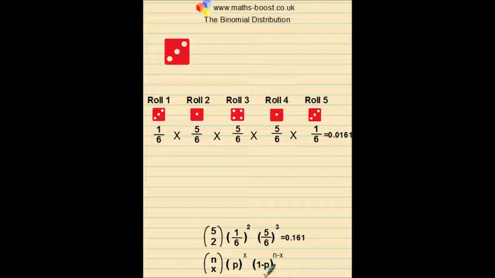It follows that the probability of failure will be 1 minus the probability of success, and the number of failures will always be what's left over from your fixed number of trials after the number of successes. So 5 trials less the 2 successes leaves 3 failures. Finally, we use the combination notation to find the number of ways we can arrange our 2 successes in our fixed number of 5 trials.